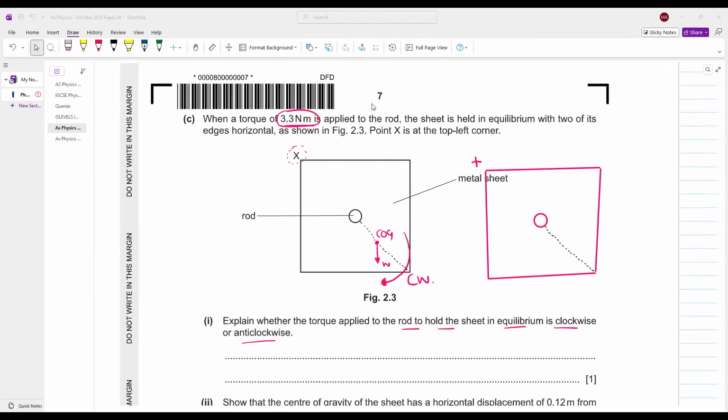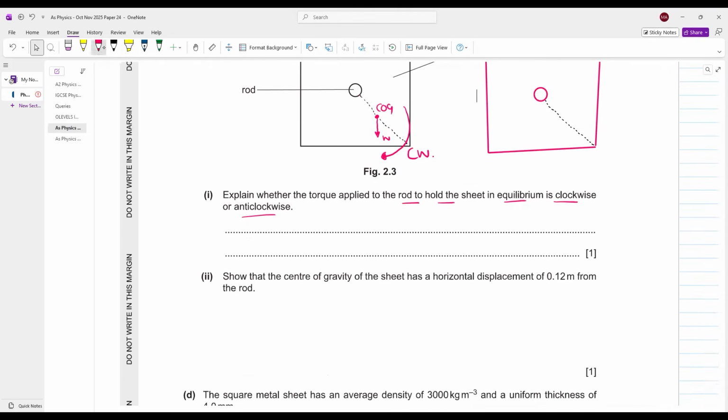Now, if the weight causes a clockwise movement and you want to keep the steel sheet in equilibrium, you will have to apply an anti-clockwise torque. तो टोटल क्या लिखोगे? What should your answer be? You will say the weight of the sheet is in the clockwise direction.